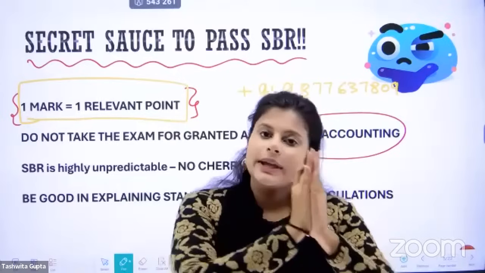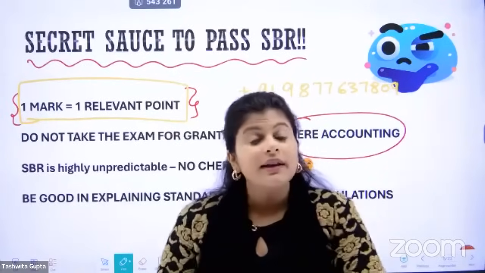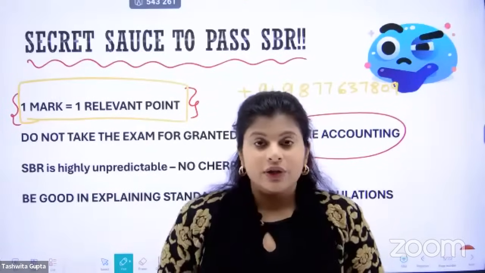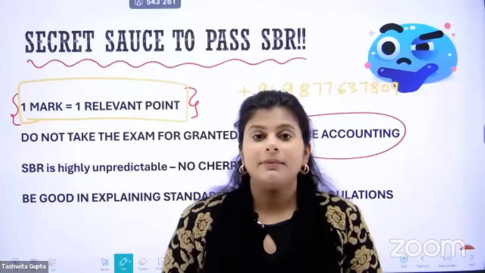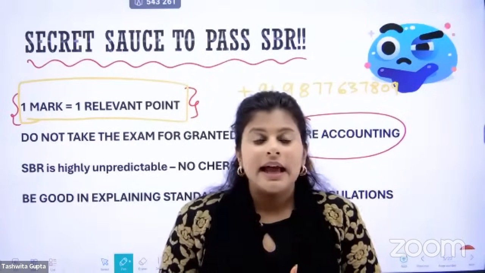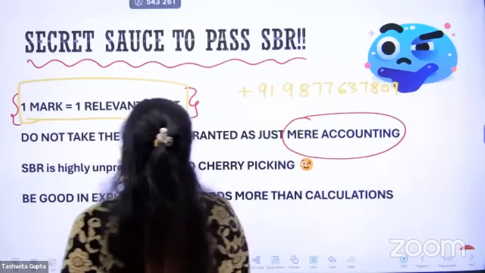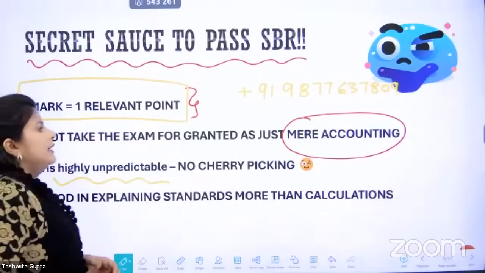So I'm doing a calculation as per a formula, and then I'm explaining that. So this is the beauty of SBR as of date. And we have to make sure that we are abiding by this and we are not taking it for granted.